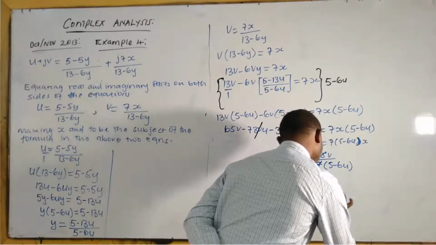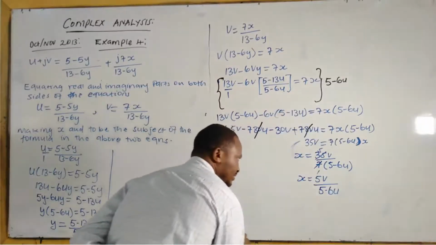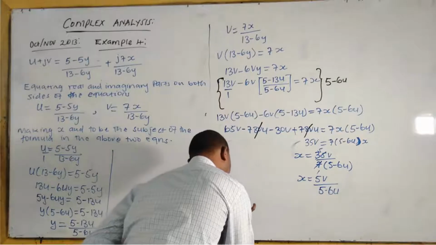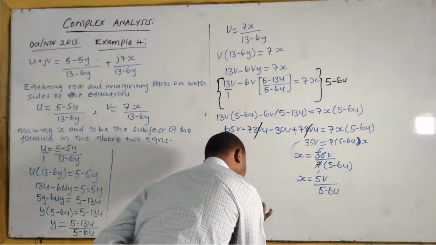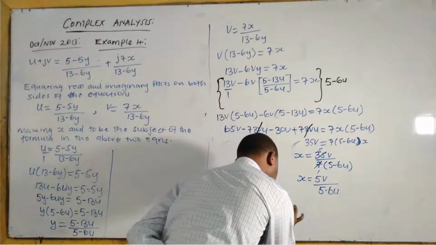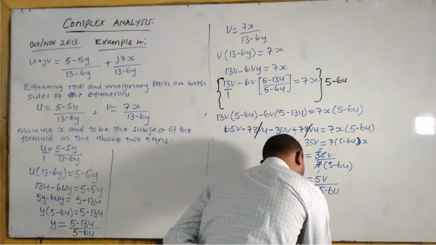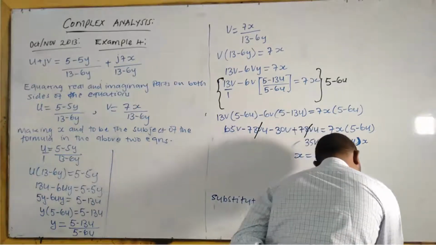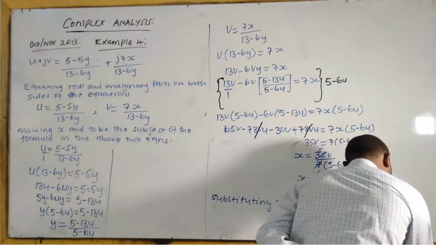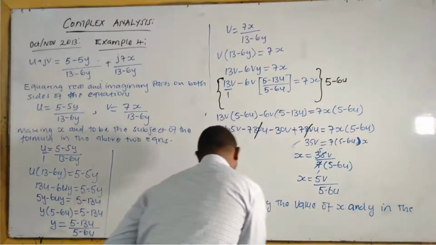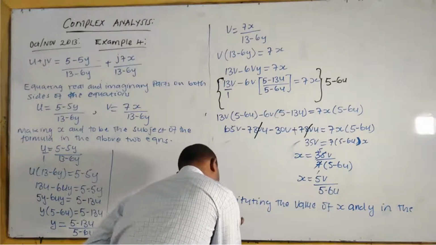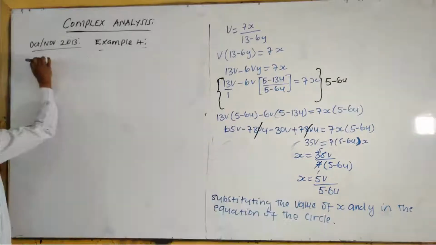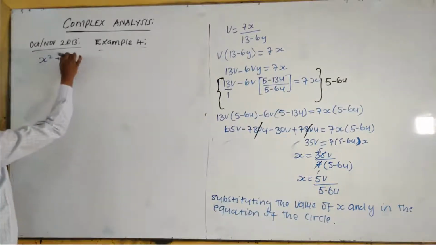You can say, substituting the value of x and y in the equation of the circle, x squared plus y squared is equal to 4.